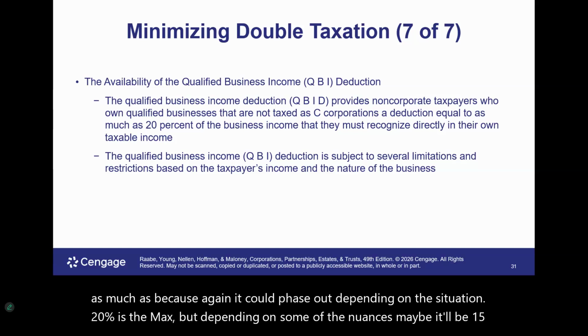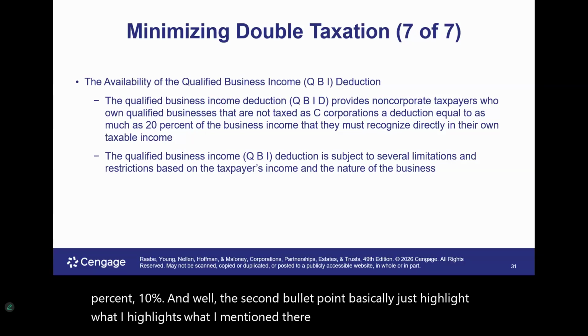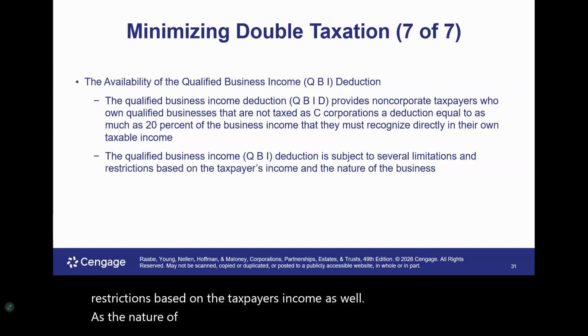The second bullet point highlights what I mentioned: there are several limitations and restrictions based on a taxpayer's income as well as the nature of the business.